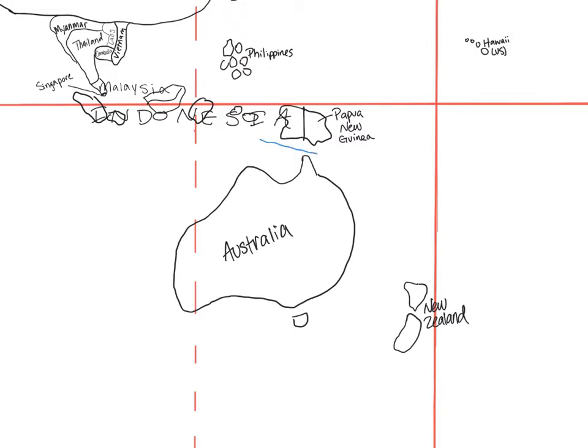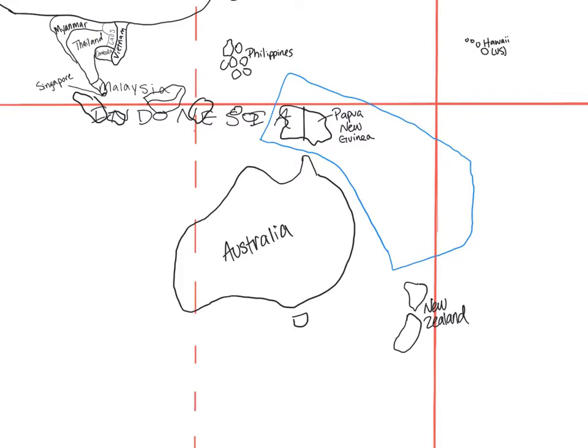It's going to go about right there. It's going to come down towards New Zealand, but not quite all the way there. And then it's going to cut across here, come up, and then cut back across the international date line over Papua New Guinea, and then straight down, okay?